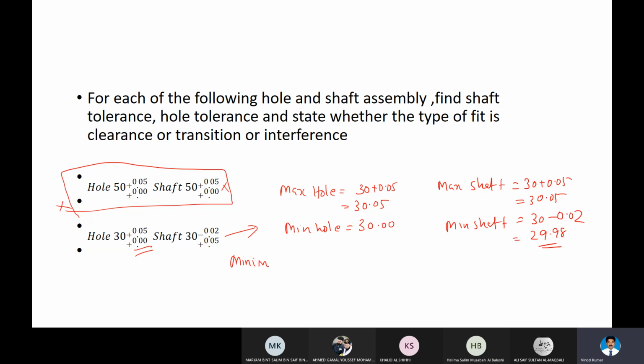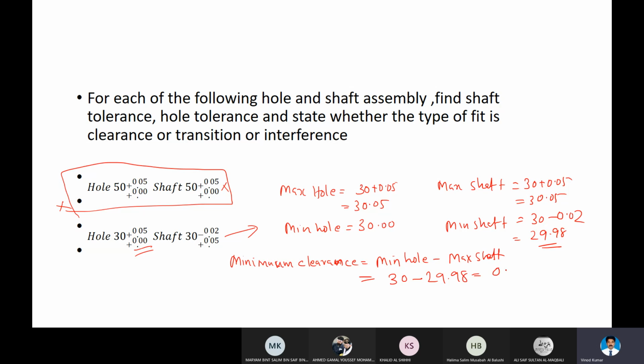Now calculate minimum clearance. There is an equation in the lecture note. Minimum clearance equals minimum hole minus maximum shaft. What is minimum hole here? 30 minus maximum shaft, which is 29.98.